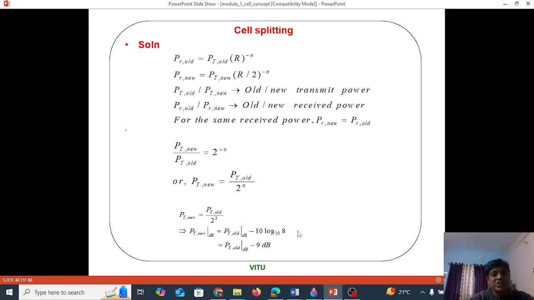So once the cell is split, the transmitter power of the base stations of the smaller, split cells should be 9 dB less compared to the old transmit power. That's what PT new should be: PT old minus 9 dB.